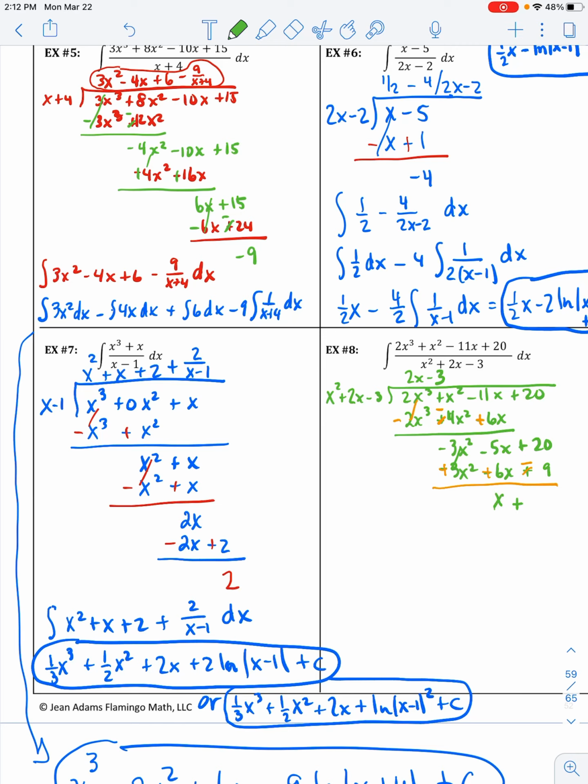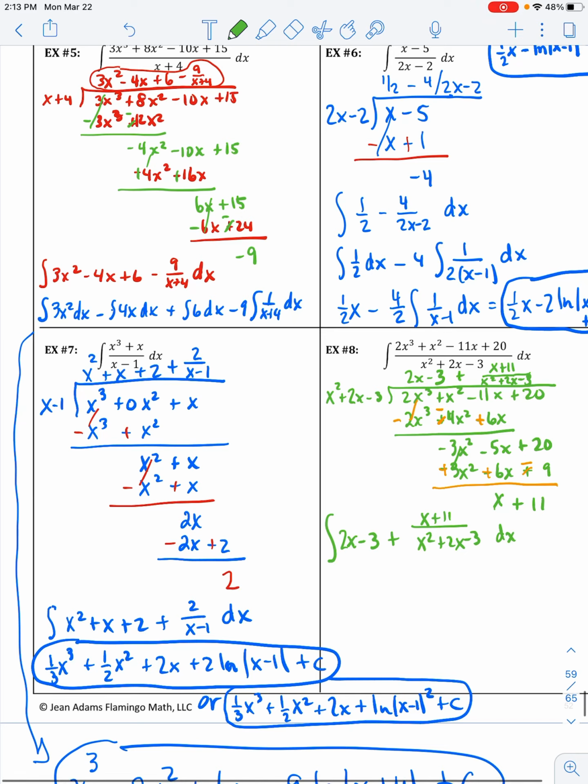This is a positive x and a positive 11. And so I'm done with that. So I say plus x plus 11 over x squared plus 2x minus 3. And so now that's what I'm integrating. 2x minus 3 plus x plus 11 over x squared plus 2x minus 3 dx.